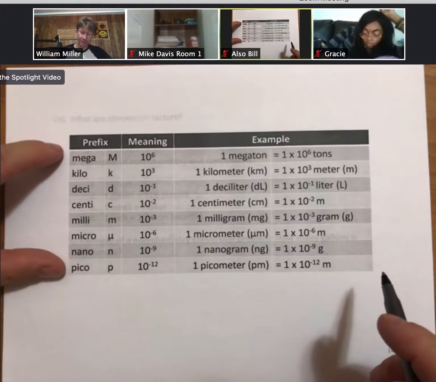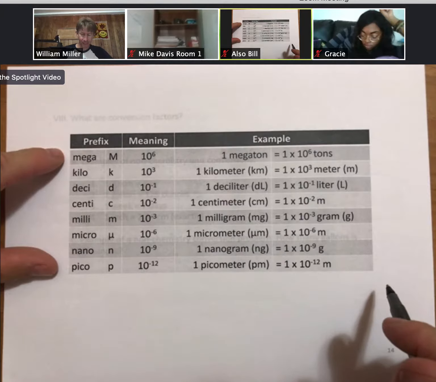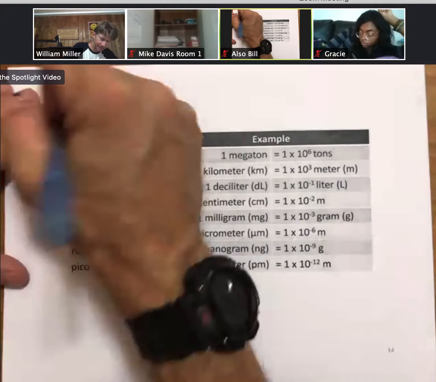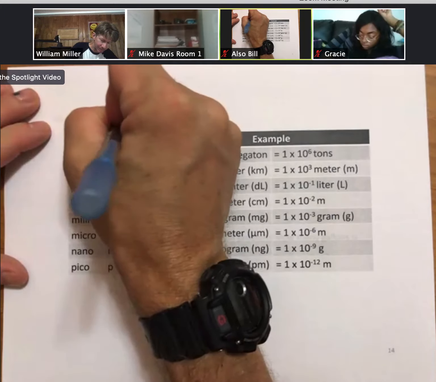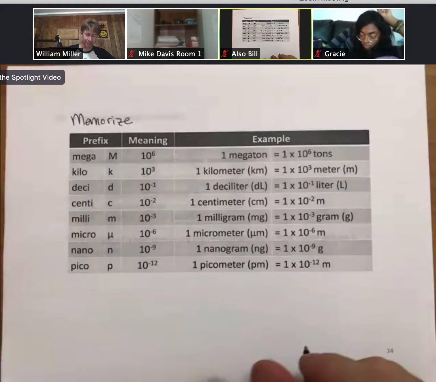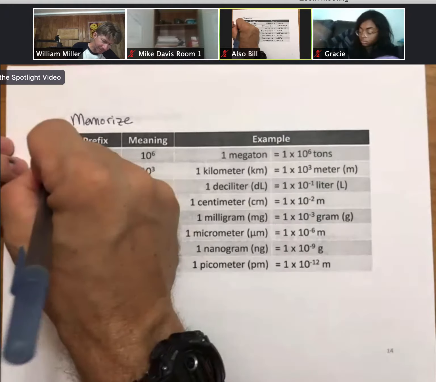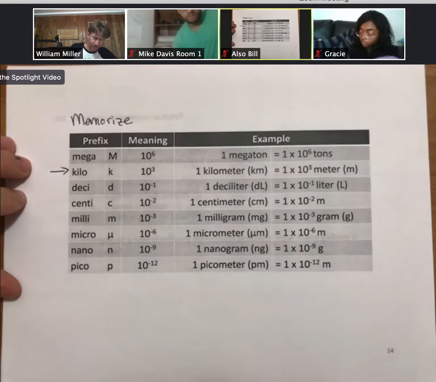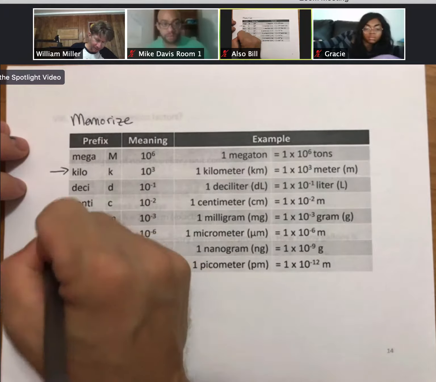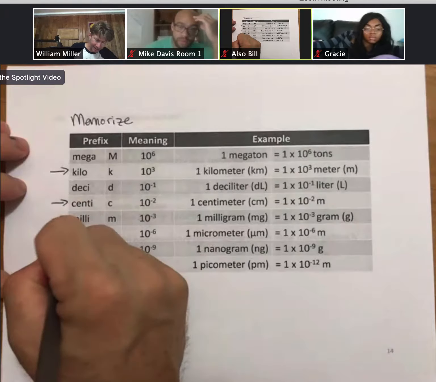We also have a bunch of prefixes, and these you will have to memorize. In particular, I'll tell you the most important ones to memorize: kilo, centi, milli, micro, and nano.